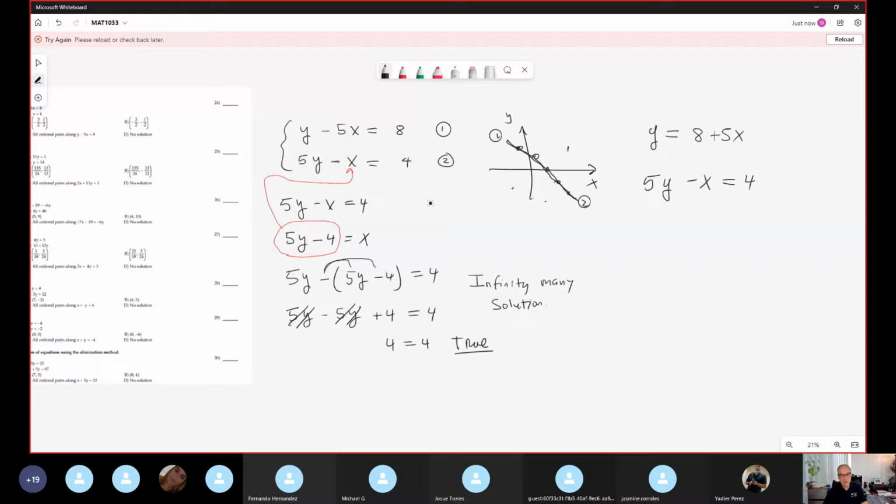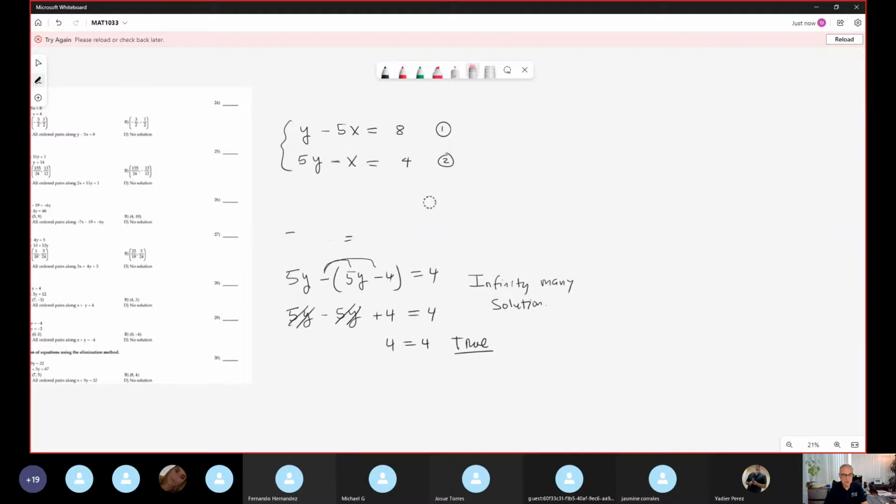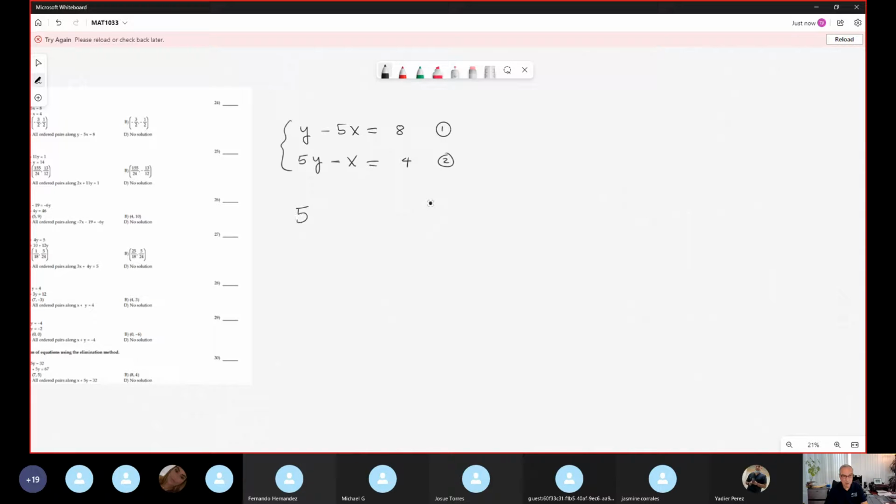Again, mistake. I'm crazy. You take this equation, the equation that contains coefficient -1, and you solve for x. I did that part well. I copy. Now it is 5y minus 4 equals x.